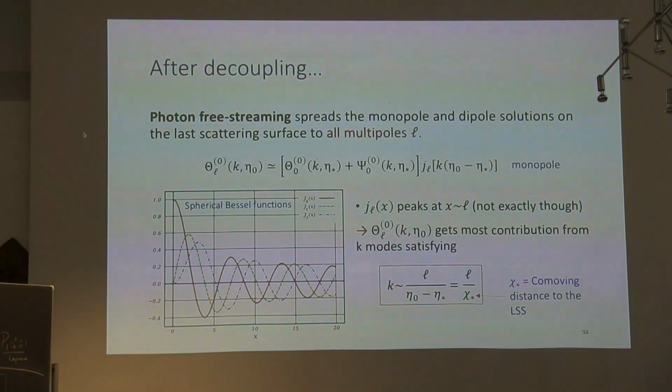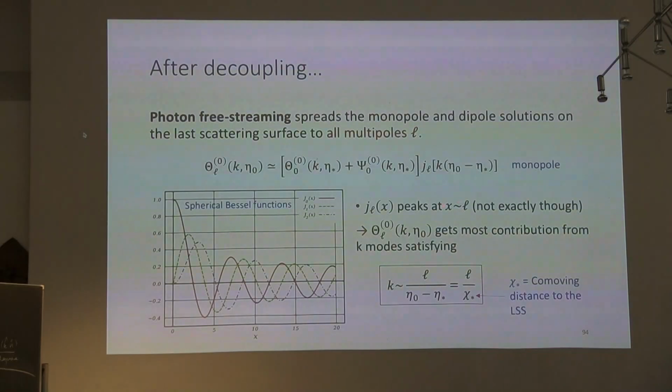So here is a set of spherical Bessel functions for l equals 0, 1, 2, and 3, and they are oscillatory. What you also see here is that they peak. l equals 0 is a bit hard to see, but if you look at l equals 1, the green line over here, it peaks at about 1.